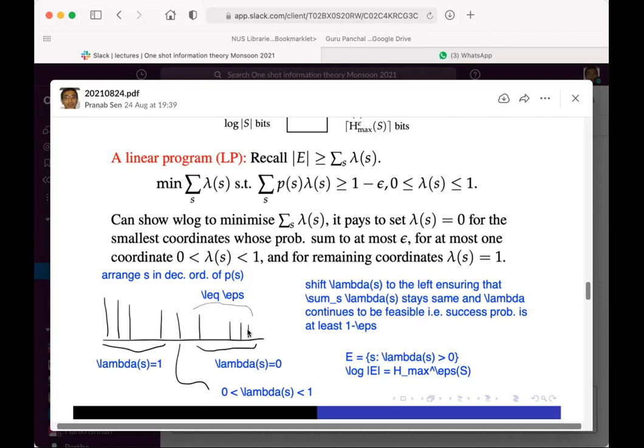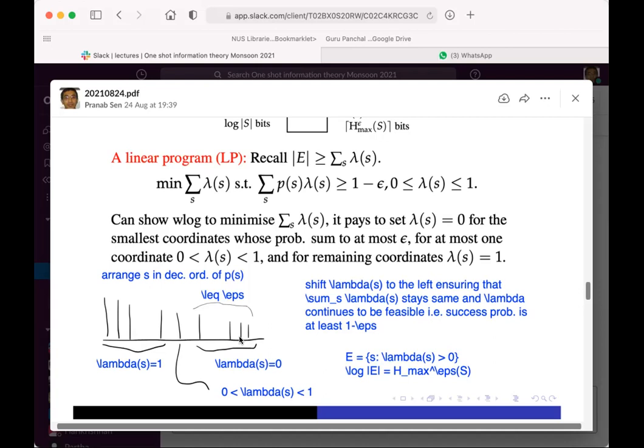So no matter where I shift theta, the place where theta lands will have probability larger than the very last guy. So it continues to be feasible. And the idea is I keep doing this. I keep shifting theta, theta, theta out from the rightmost guy till the rightmost guy has lambda equal to 0. Then I go to the next to the last guy and keep doing this.